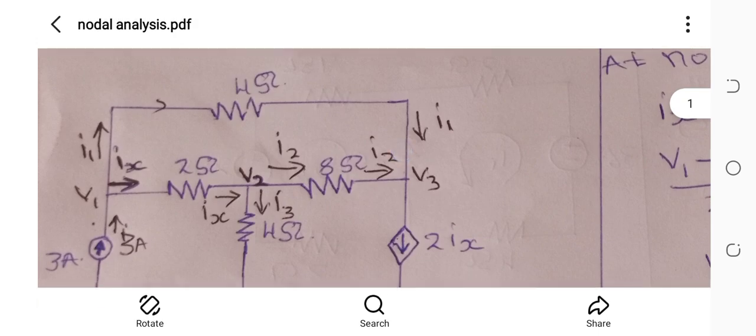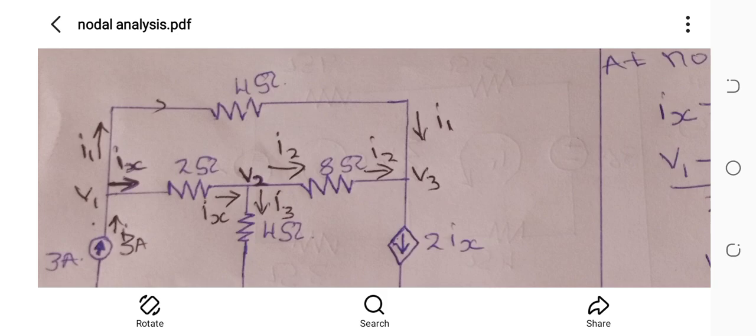So we have V1 minus V3, because there are 2 points you can measure. If you measure the voltage across this element, the 4 ohm resistor, you'll take V1 minus V3, because the current is coming from V1 and going to V3.